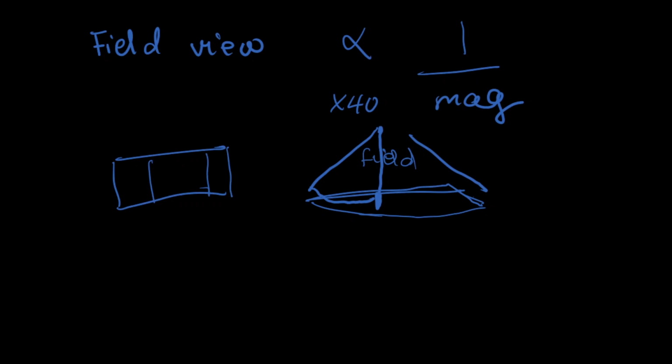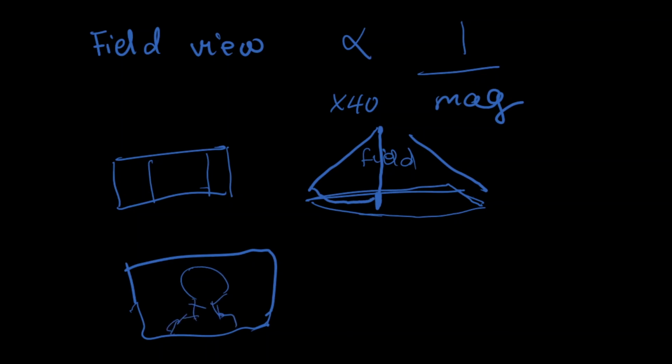Take for instance, you have a picture, a picture of a human here. Now this picture is enlarged, however we are still able to see the entire portrait of this human.